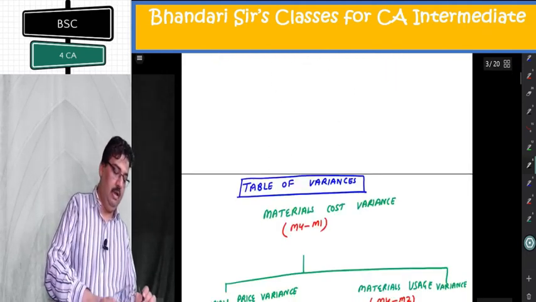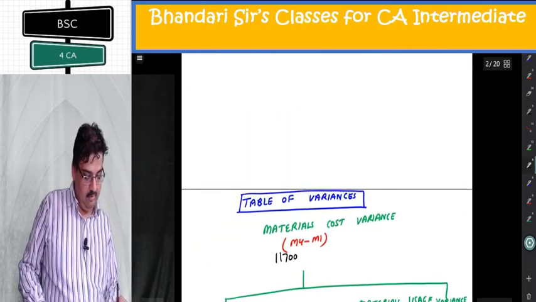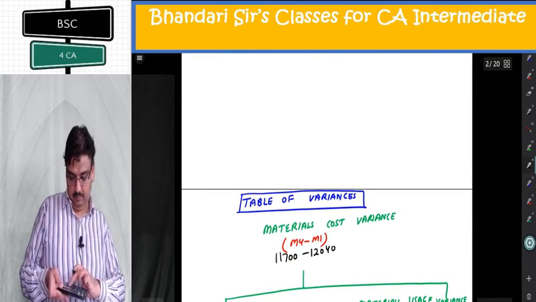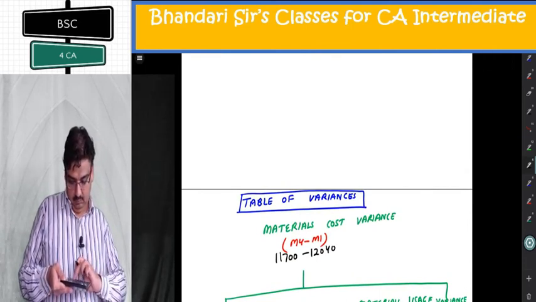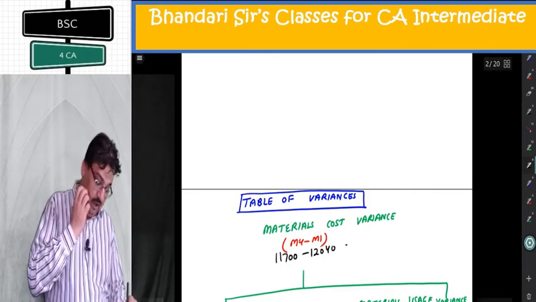Now table of variances. 11,700 minus 12,040, 340 adverse.